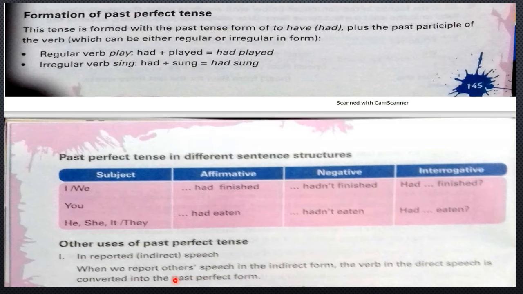In indirect speech, the reported verb that is within the inverted commas, if it is in the present perfect or simple past tense, then we know it turns into past perfect. So that is another use of this past perfect tense. Now we are moving into the last of the slides and see what is there.